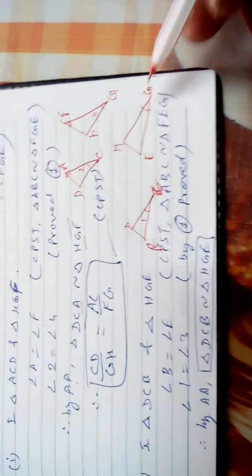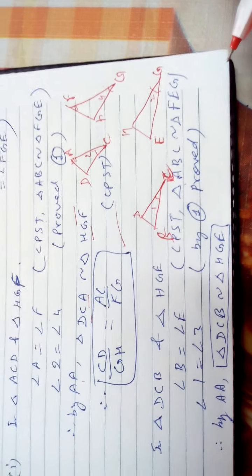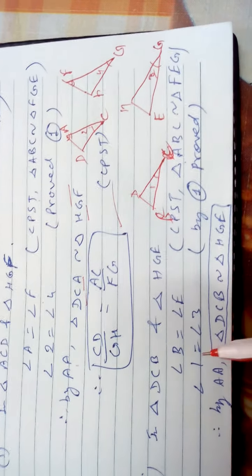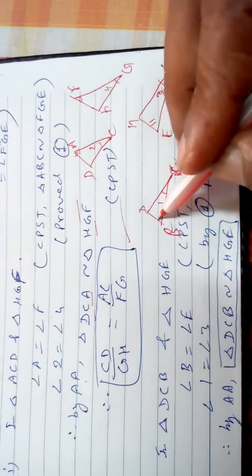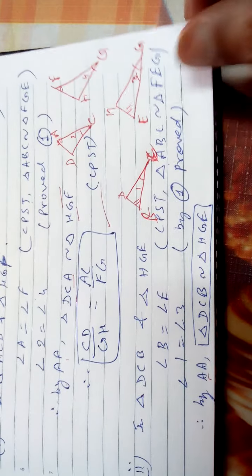It is given 2. Angle 1 equal to angle 3. Angle B is equal to angle E. So by double A both the triangles are similar.